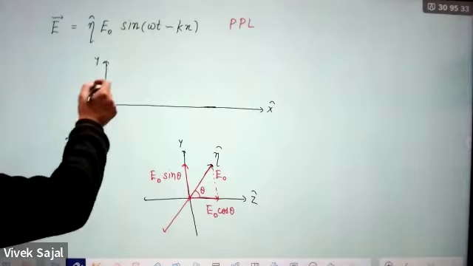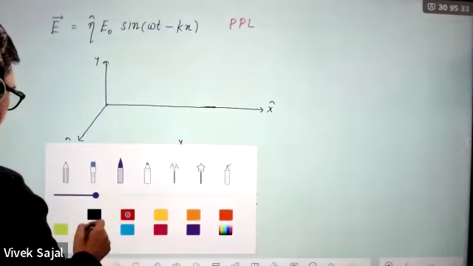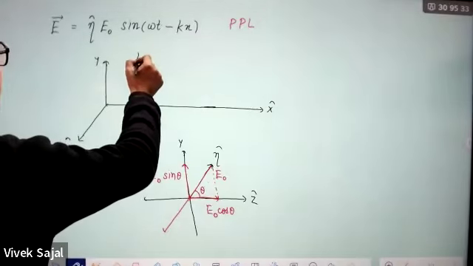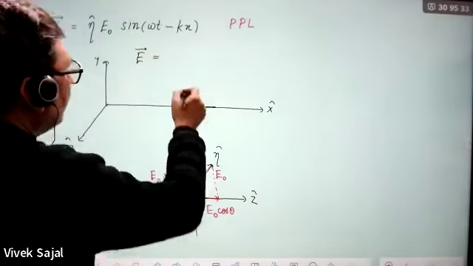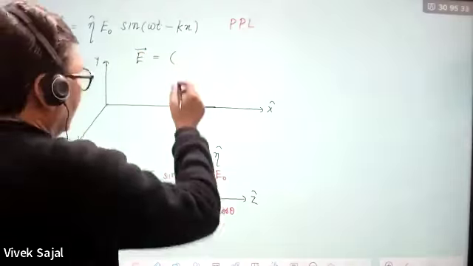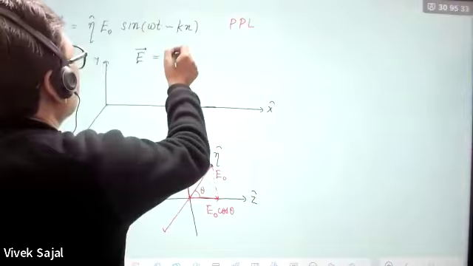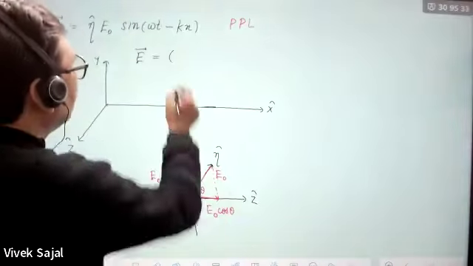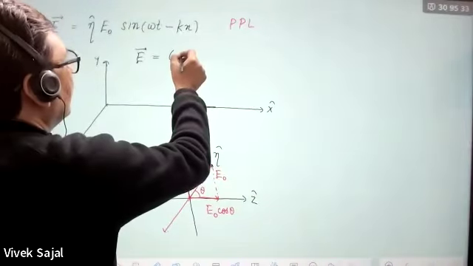So how can I write this electric vector? I will write it in this way. This E vector will be E naught, I can take this E naught out. So this will be cos theta in the z cap direction and sine theta in y cap.